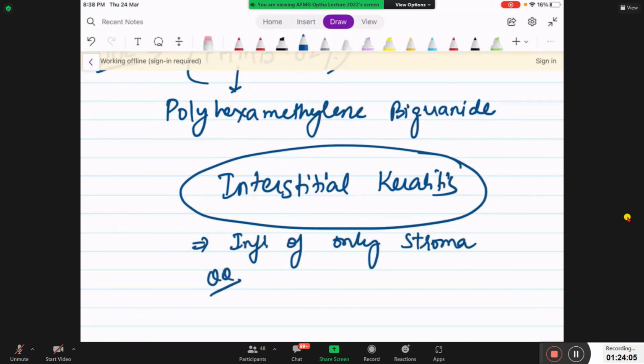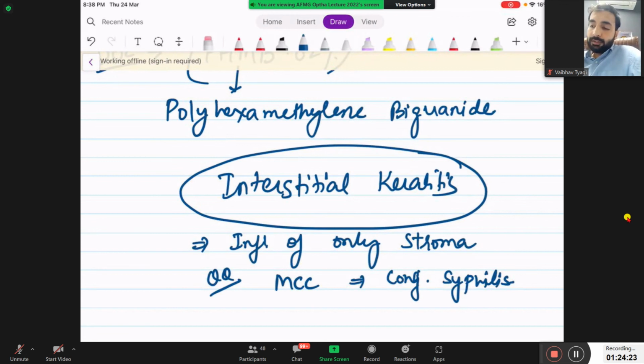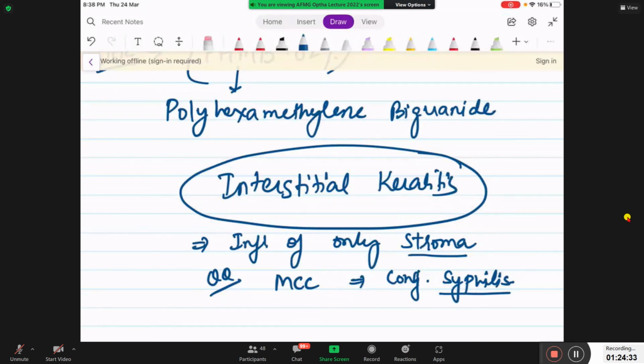Which is asked: write down, which is the most common cause of interstitial keratitis? The answer will be... to remember in interstitial keratitis, which layer is only involved? Stroma. And the most common cause of interstitial keratitis is congenital syphilis.